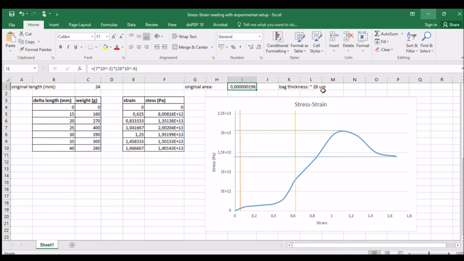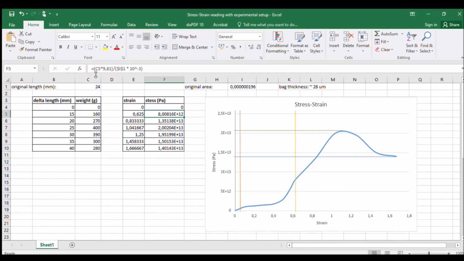And then the bag thickness was between 26 and 32 micrometers when I did a bit of research to identify the estimated thickness of these specific bags. So I'm averaging it to about 28 micrometers and using that in my equation. So I'm able to get the original area calculated over there.